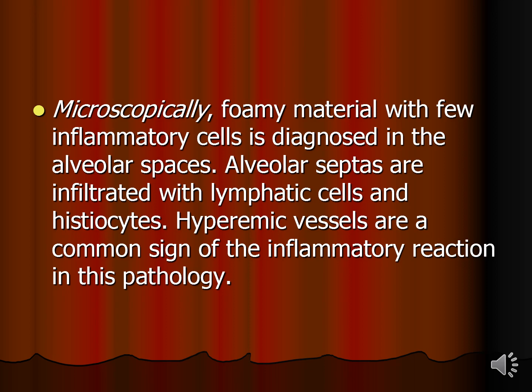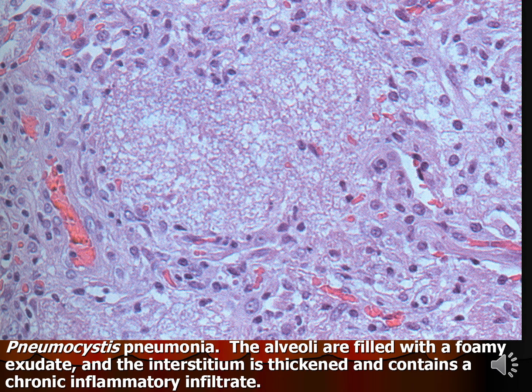Alveolar septa are infiltrated by lymphatic cells, histiocytes. We see also under microscope hyperemic vessels, and all this is a common sign of the inflammatory reaction in this kind of pneumonia.